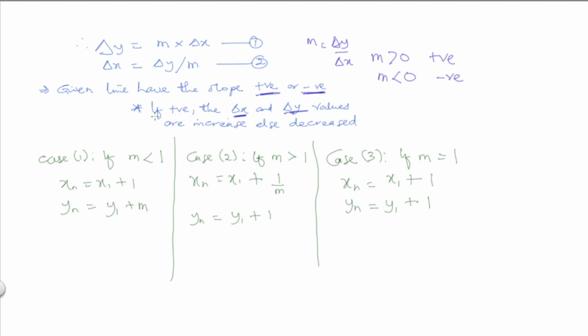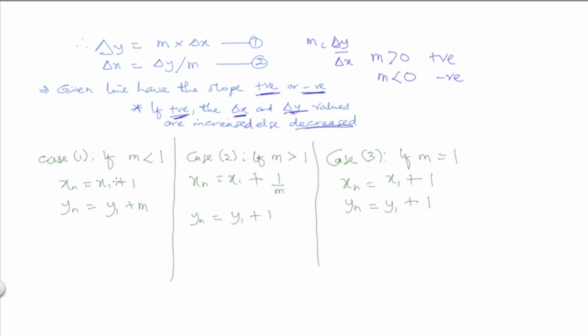If the value of the slope or m is positive, then the change in x and the change in y values are increased. So it means the values of the x and the y coordinates will be increased, else it will decrease.